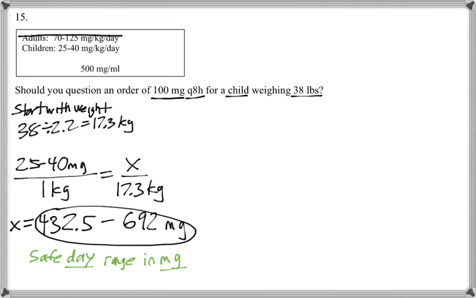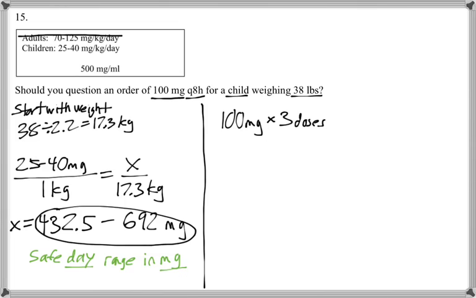So I'm going to figure out how much medicine this is for a day. So I'm going to bump this up from a dose order to a day order. So 100 milligrams Q8H means 3 doses, or 3 times a day. So I'm multiplying by 3 doses.